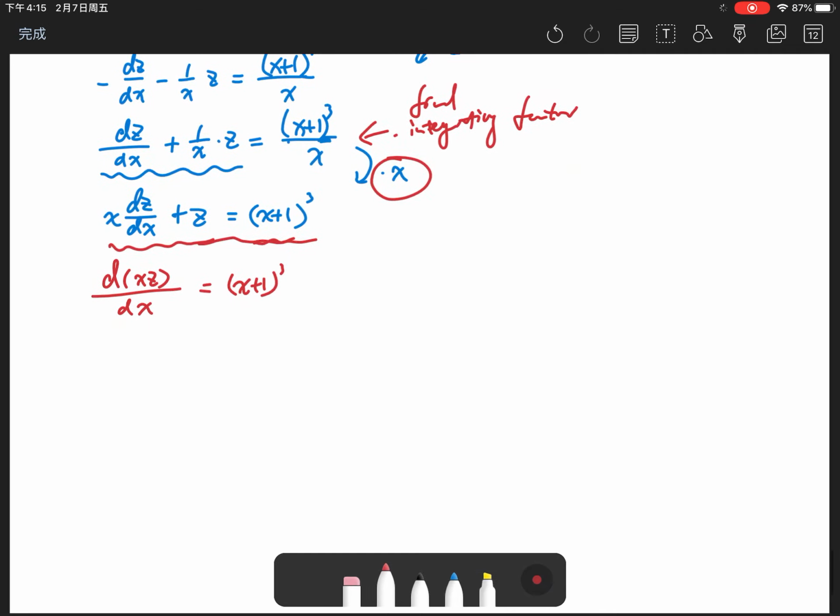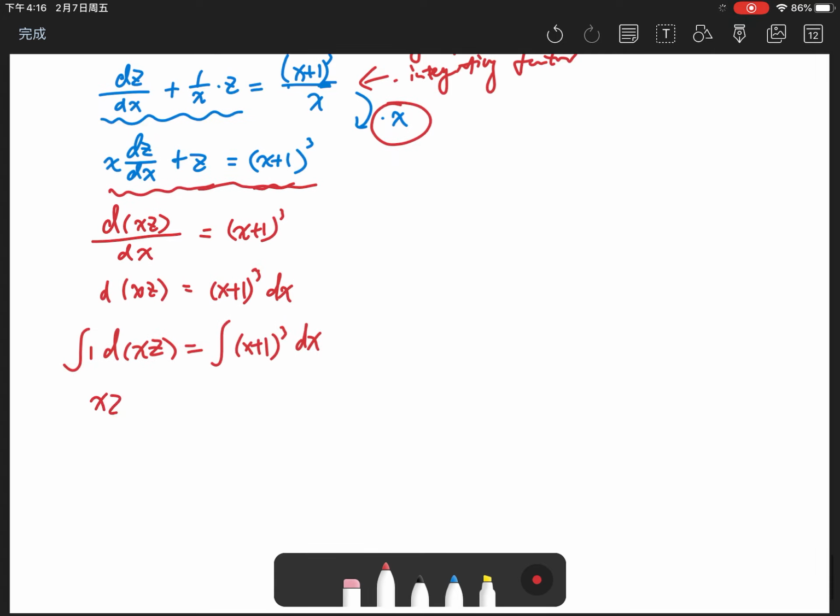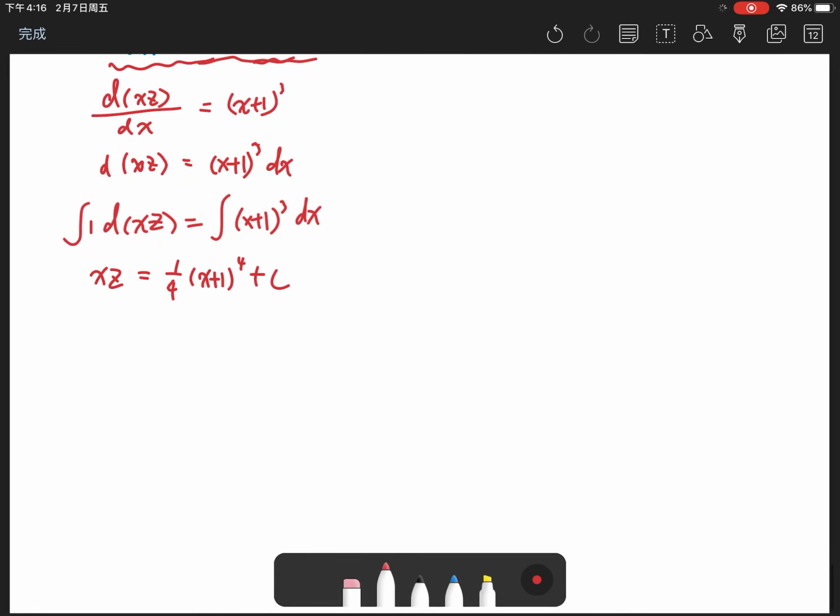So now we multiply dx on both sides and then do integration. You see that this is x times z only, and equals 1 over 4 x plus 1 to the power of 4, and then plus constant c.